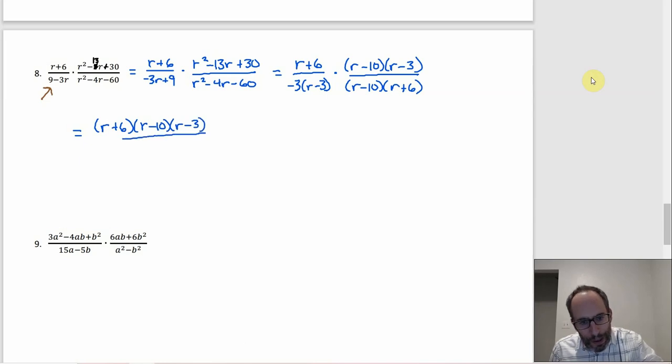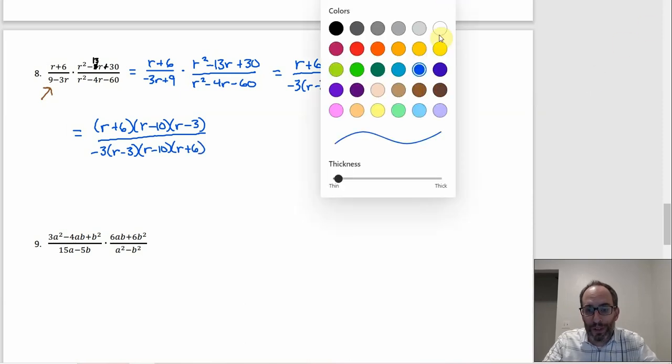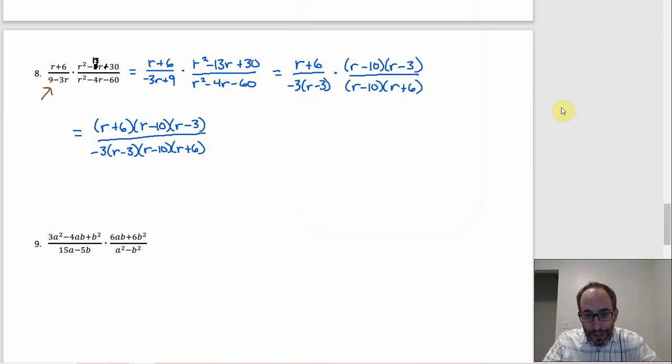And then the denominator is going to be negative 3 times r minus 3 times r minus 10 times r plus 6. And yeah, we're going to cancel a ton of stuff because we've got r plus 6's in the numerator and denominator. We've got r minus 3's. We've got r minus 10's.